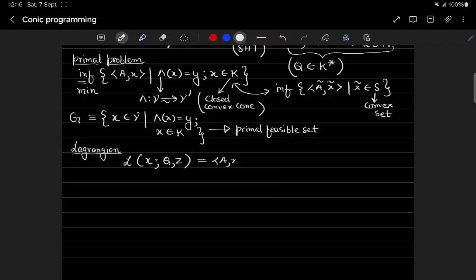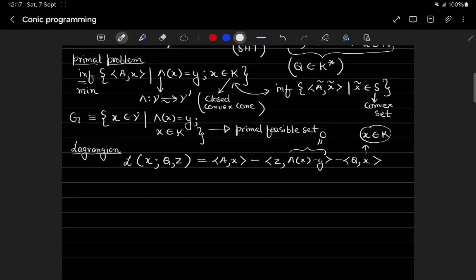So I have Ax minus z with lambda x minus y and minus q with x. Let's see what this means: this is giving a Lagrange multiplier to the equality constraint, and this is giving a Lagrange multiplier to the fact that x should belong to K.